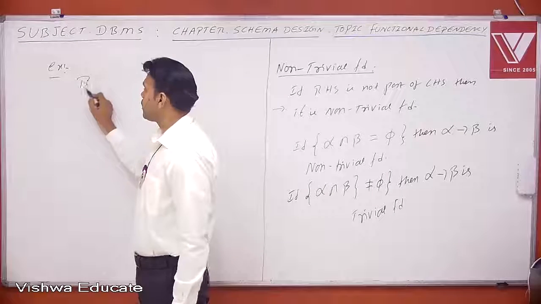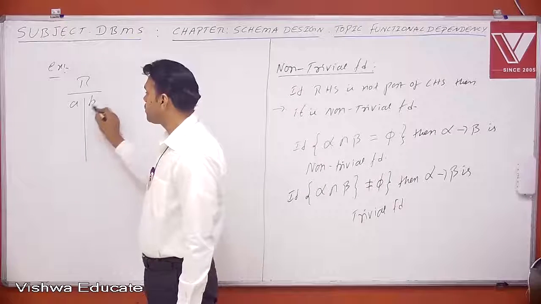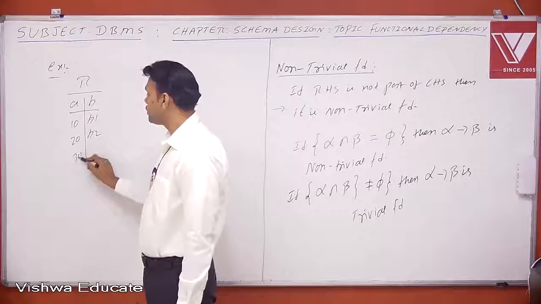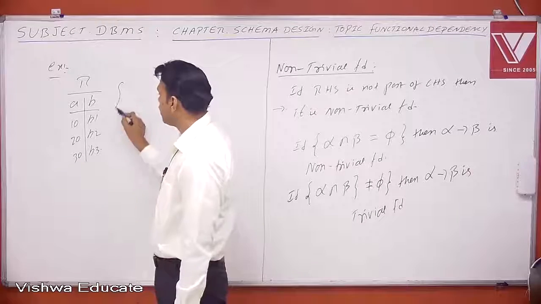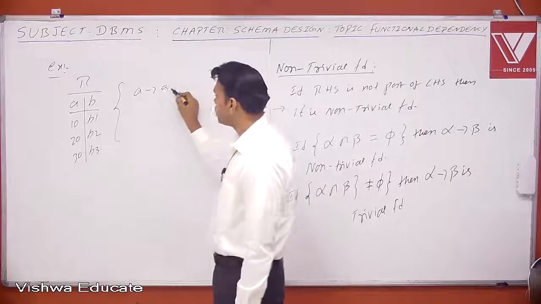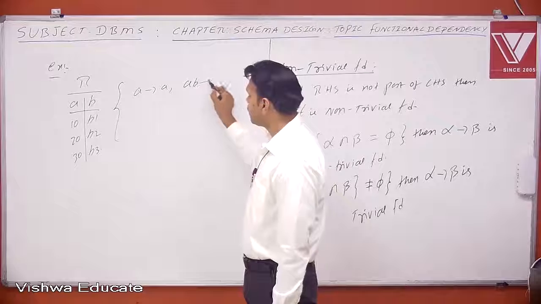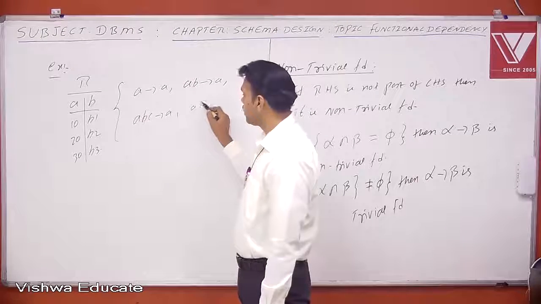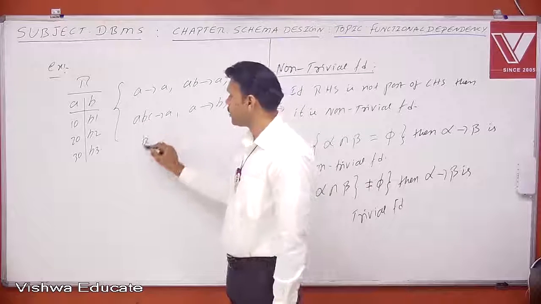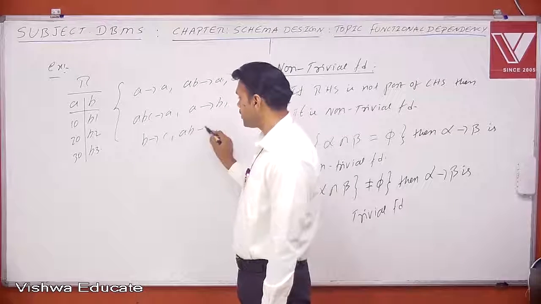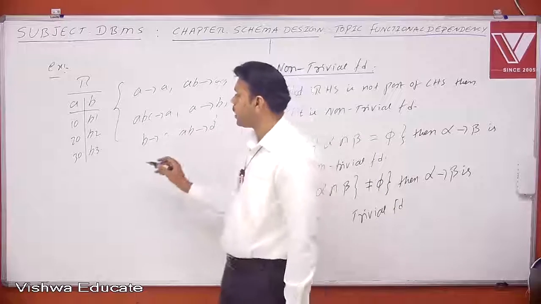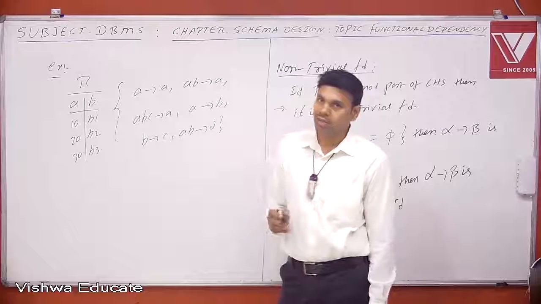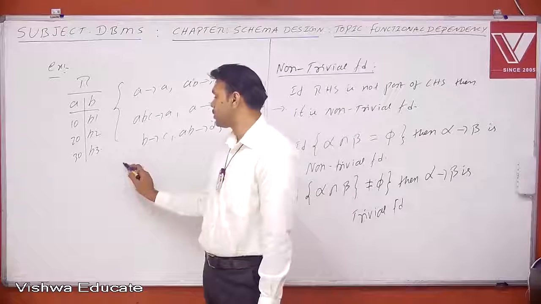I am saying there is a table R which has attributes A, B, C, D, and I am listing some dependencies: A to A, AB to A, ABC to A, A to B, B to C, AB to D. Identify how many are trivial and how many are non-trivial functional dependencies.